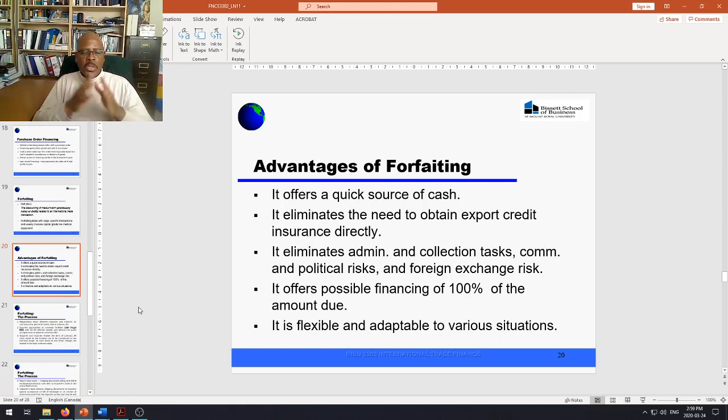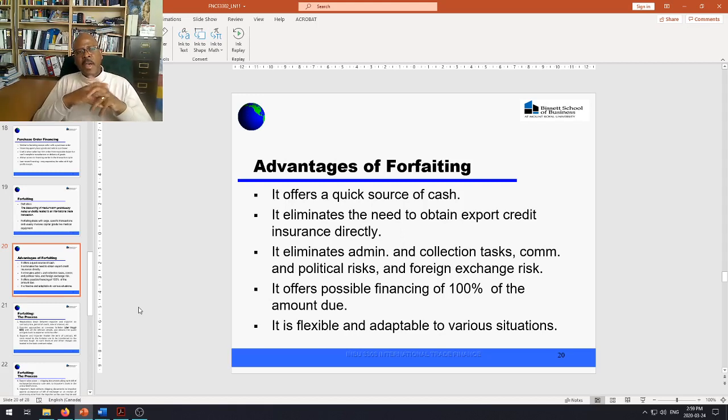And the way you do it then is you collect an invoice from them and you sell that invoice to a forfeiter. So it eliminates the need to obtain export credit insurance directly. That is, instead of you worrying about the importer paying you, you leave that up to the forfeiter. It also, just as in factoring, eliminates the problem of collection, eliminates the problem of foreign exchange risk, eliminates some interest rate risk.